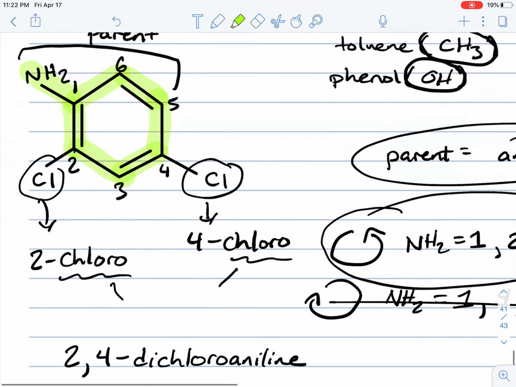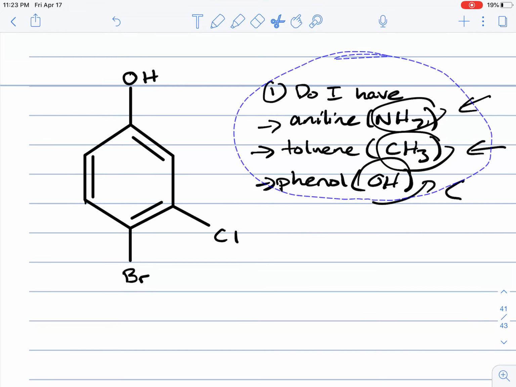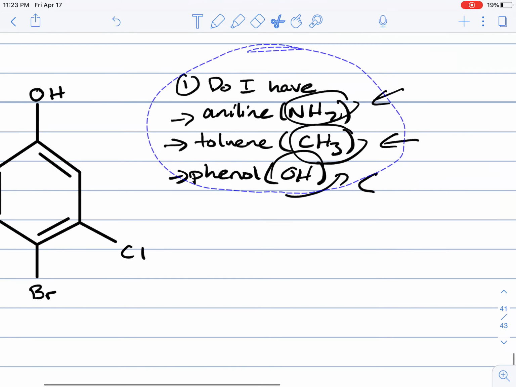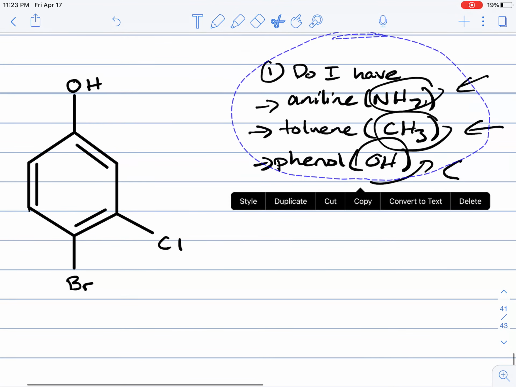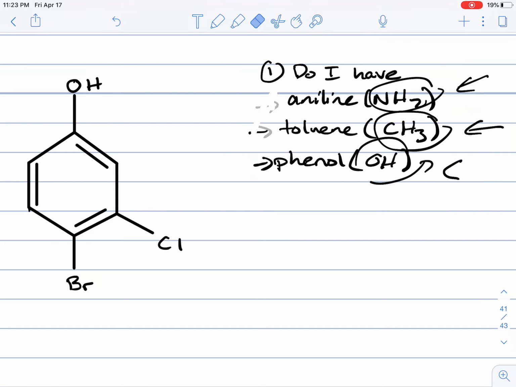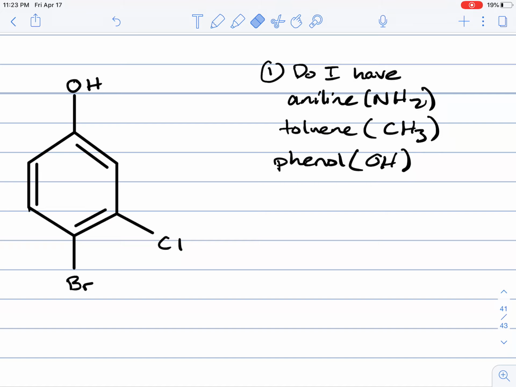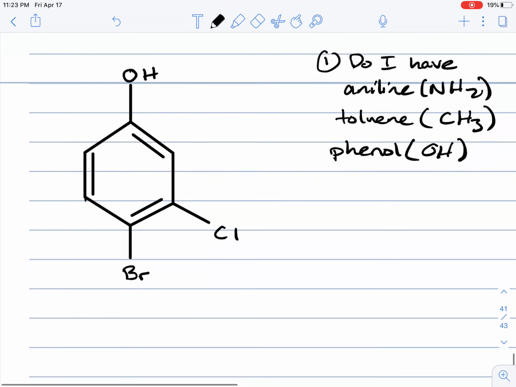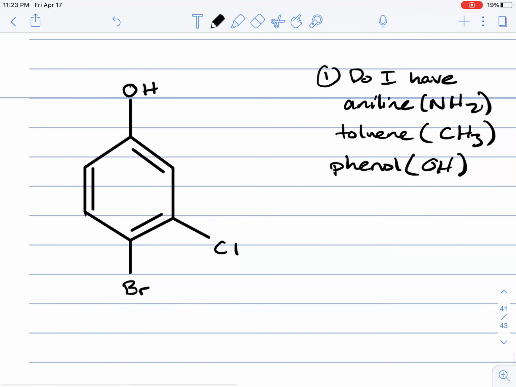All right, let's go ahead and look at another example. And so I'm going to go ahead and paste this here just to remind us. So do I have an NH2, CH3, or OH as one of my substituents?